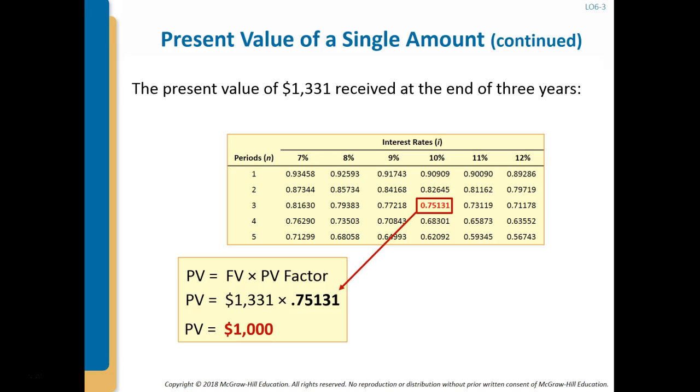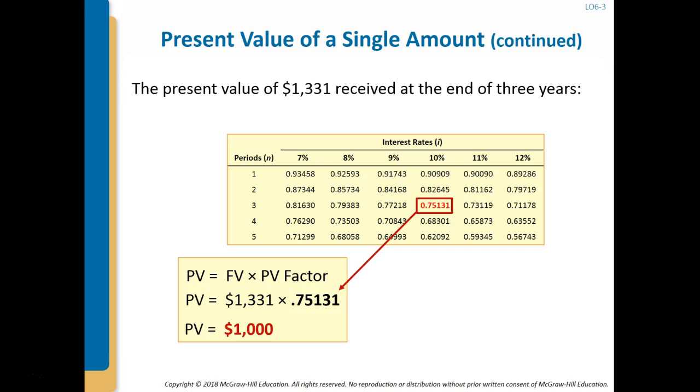These amounts represent the present value of $1 to be received at the end of the different periods. The table can be used to find the present value of any single amount to be received in the future by multiplying that amount by the value in the table at the intersection of the column for the appropriate rate and row for the number of compounding periods.